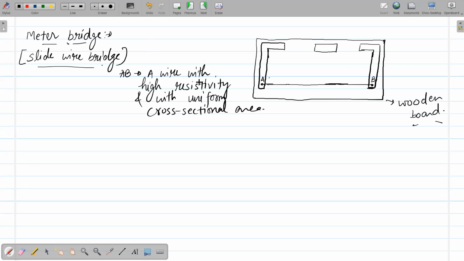I'll be telling you why we are taking high resistivity, just in order to get high resistance, obviously, but why high resistance is required, we'll also talk about this. So the first point is that this is high resistivity, right? And this wire AB is 100 centimeters in length, right everyone? That's why it is known as a meter bridge.